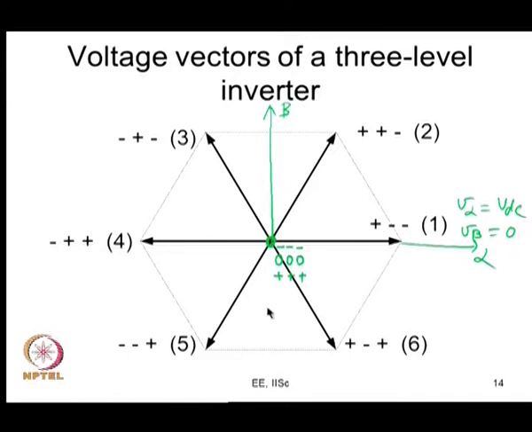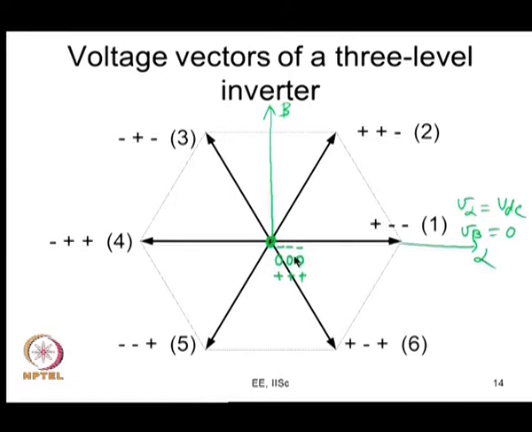So what are those states now? See, for example, let us say here it is all connected between plus and minus. In all these states, you find that the inverter leg is connected either to positive or to negative, not all of them positive, not all of them negative. So let us say we look at only those combinations where the inverter leg is either connected to positive or to 0.